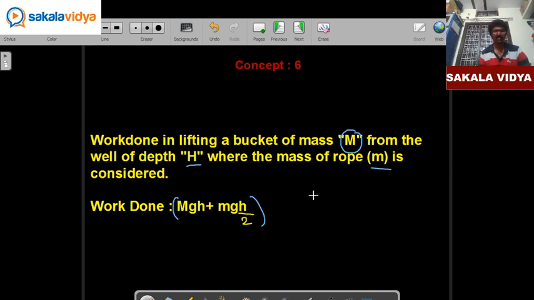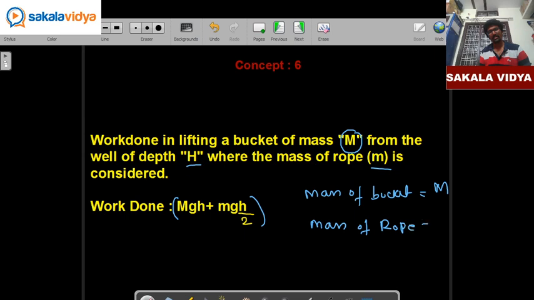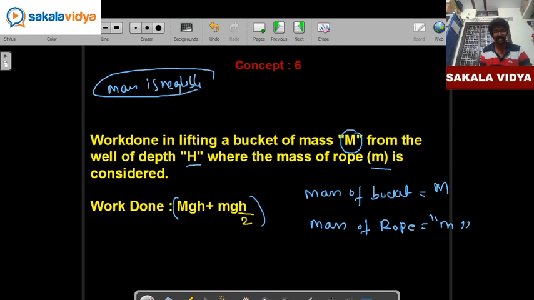MgH plus mg into H by 2, where the mass of the bucket is capital M and the mass of the rope is small m. So remember students, in our previous case in concept number 5, the mass of the rope is negligible. But in this case, you have to consider the mass of the rope.